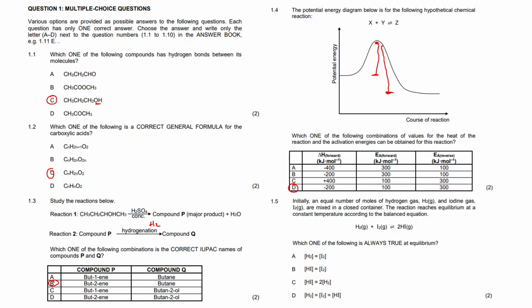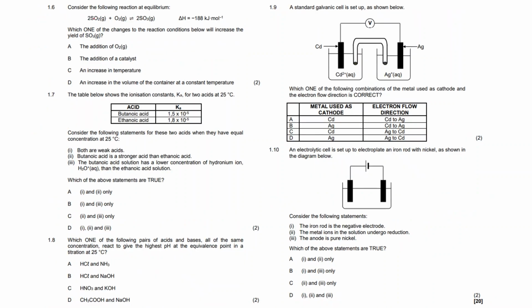Therefore, the same amount is used of each to produce the 2HI. We can therefore determine that at equilibrium, the concentration of the H2 and the I2 are the same, and this is always true.